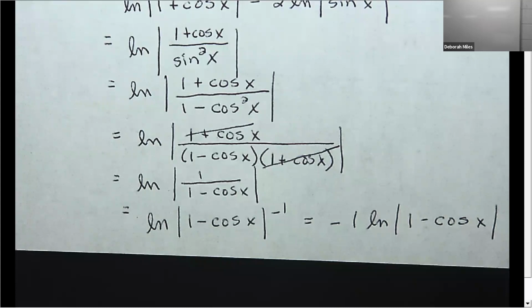As long as I can see what you did, it's okay to skip a few steps. But you've got to remember you're doing a proof here. You're not trying to solve an equation and doing a bunch of steps in your head. You're trying to show that this equals that, so you need to show most, if not all, of the steps of how you get from here to here.